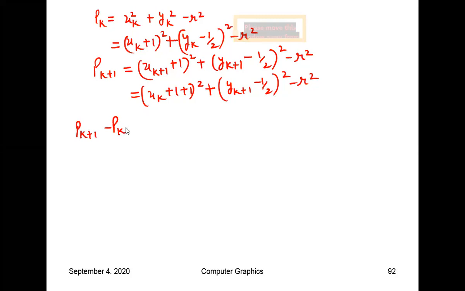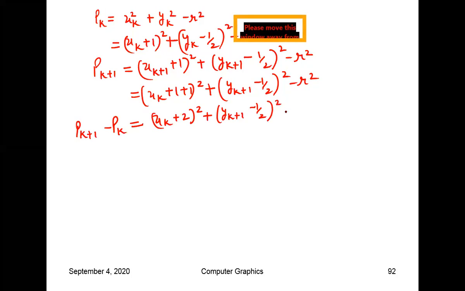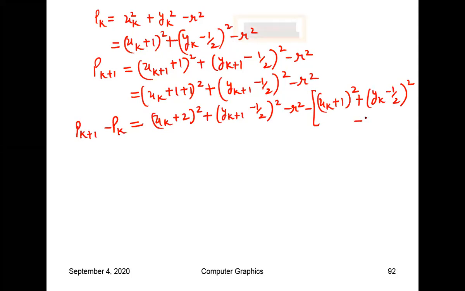So this will become xk plus 2 whole square plus yk plus 1 minus 1 by 2 whole square, minus r square, and this becomes xk plus 1 whole square plus yk minus 1 by 2 whole square, and this will be minus r square.